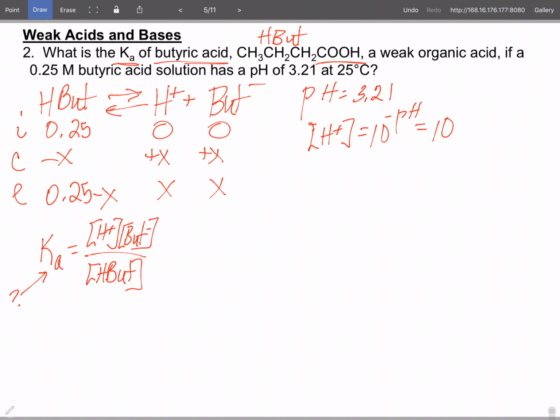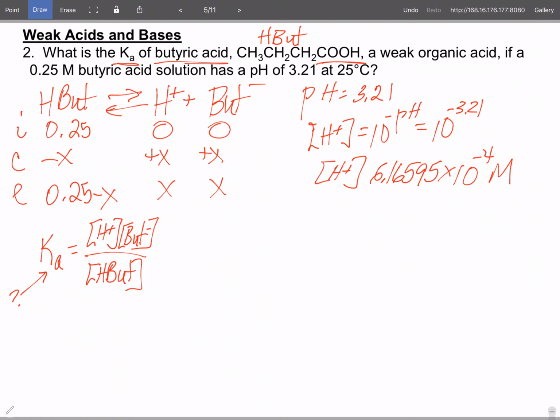That means it's 10 to the negative 3.21. When we run that through, we're going to get a value of 6.16595 times 10 to the negative 4th molar for the H plus concentration.